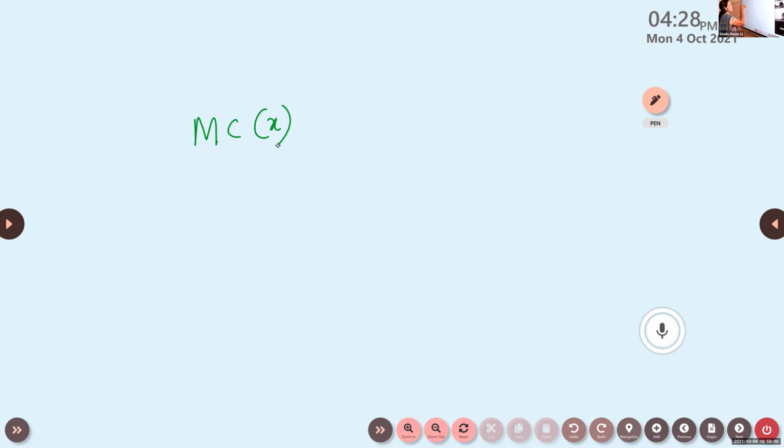Marginal cost, MC of X. This is the notation we did.